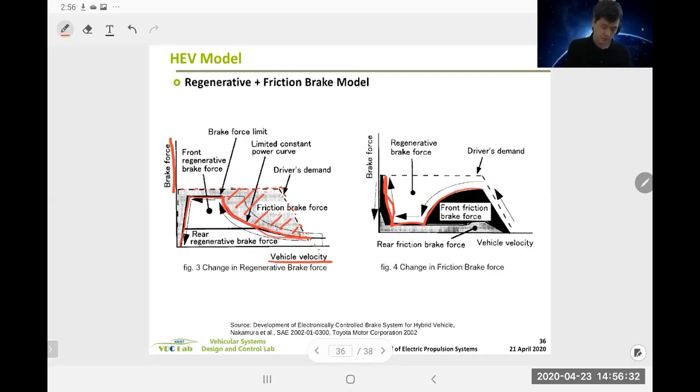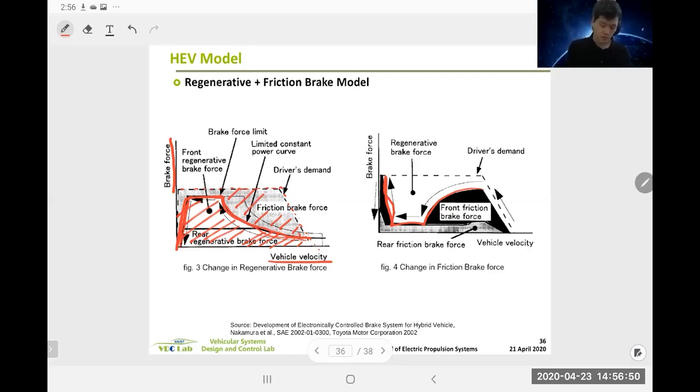Doesn't this look similar to a motor map? Yeah, so this is the motor map, or maximum torque line of a motor, right?